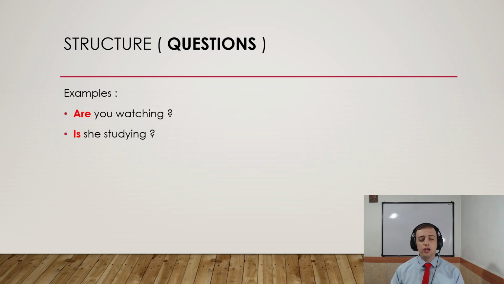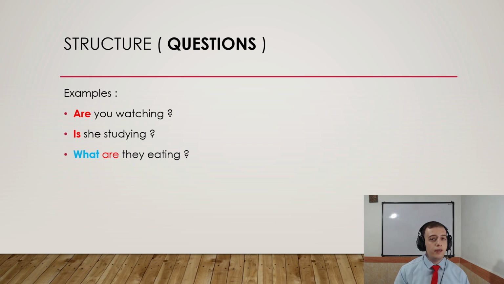You say, she does or she is. Absolutely right. She is. For example, yes, she is. No, she isn't. Or yes, I am. Or no, I'm not. Okay? And WH questions. What are they eating? We just add WH words at the beginning.